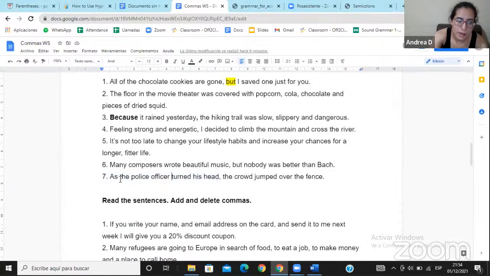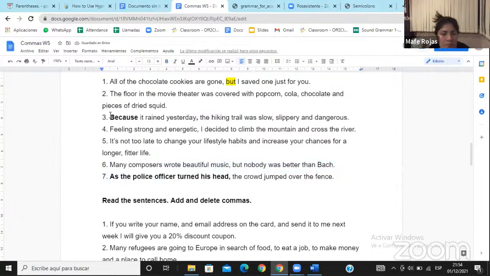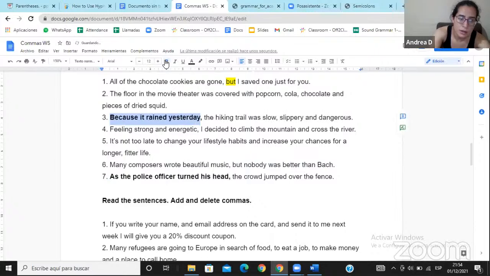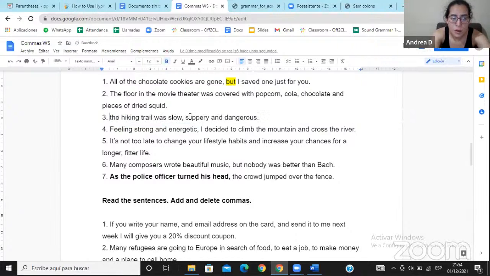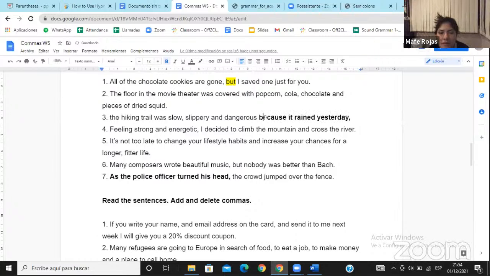Like this one: as the police officer turned his head, or because it rained yesterday. If the subordinating conjunction is at the beginning, we use a comma. If it's in the middle, we don't. We say the hiking trail was slow, slippery, and dangerous because it rained yesterday.